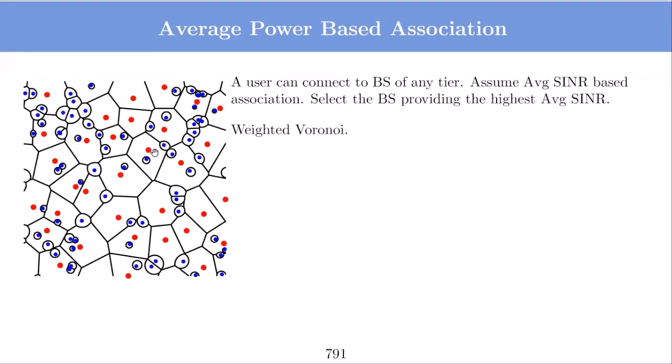They generally take a very nice convex shape, and they don't look like Voronoi cells; they look like drops in the Voronoi set of microcells. These are known as weighted Voronoi cells. So you can see that depending on which parameter is different, you will get different types of Voronoi cell distributions.